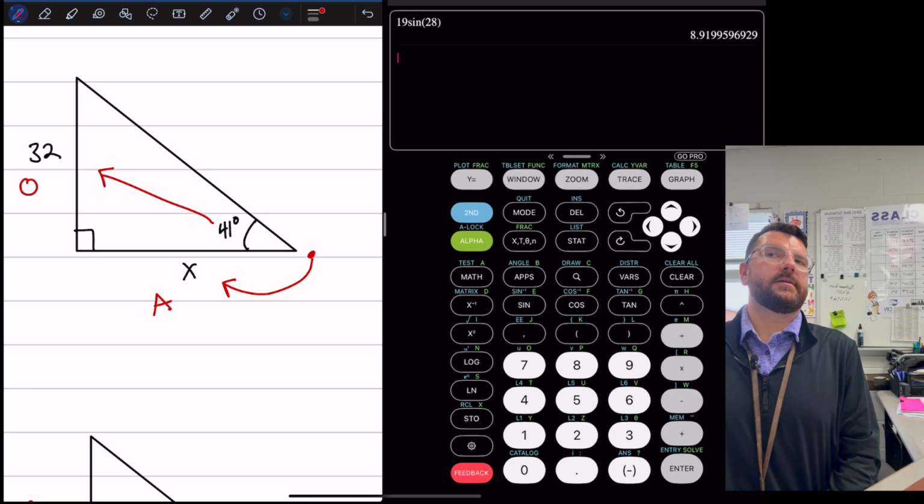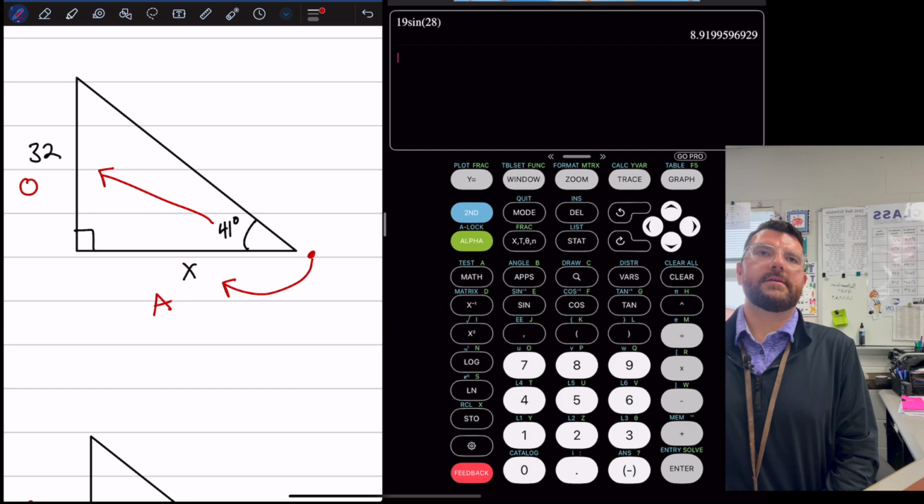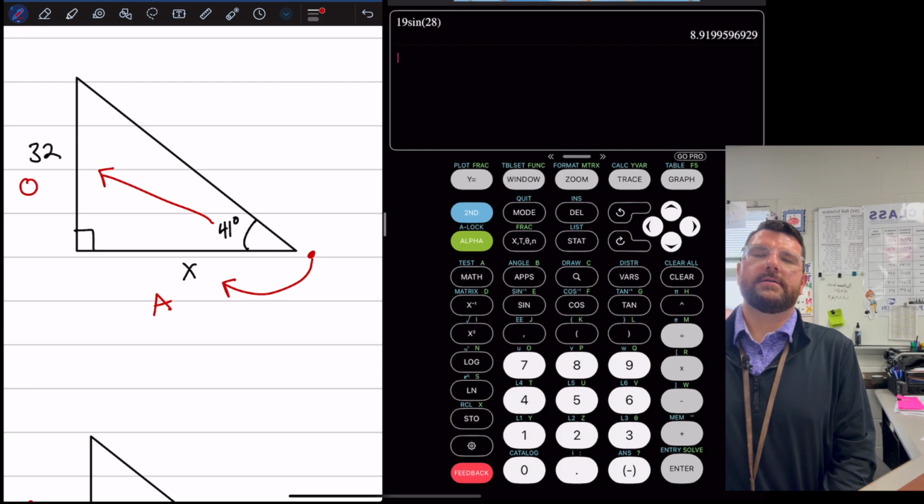Say this after me. The opposite side from the right angle is the hypotenuse. Say it again. The opposite side from the right angle is the hypotenuse.